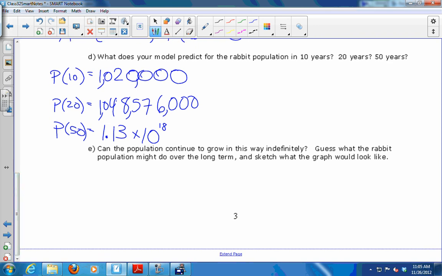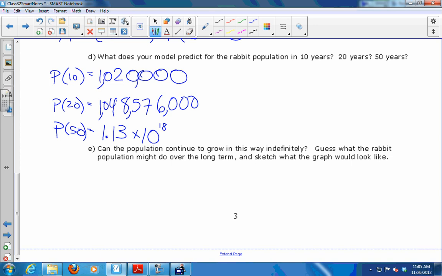Now, does this seem sustainable, this kind of population growth? No, it can't continue this way indefinitely, because eventually what's going to happen? Rabbits die. Why would they die? Food supply, space, limited resources.